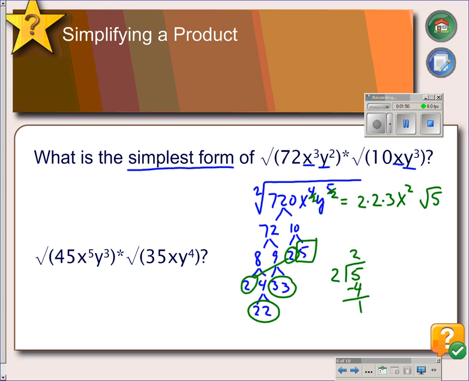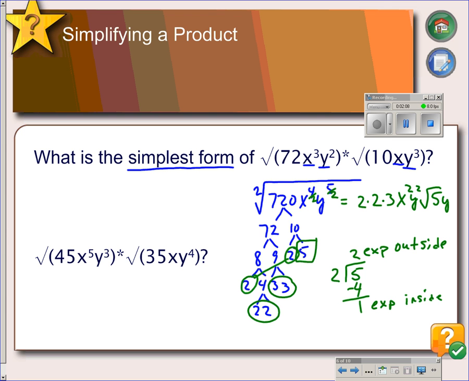Subtracting gives us 1 left over, so this 2 will be our exponent on the outside. This 1 is our remainder, so that's the exponent on the inside. So we have y squared on the outside, y to the first power on the inside.